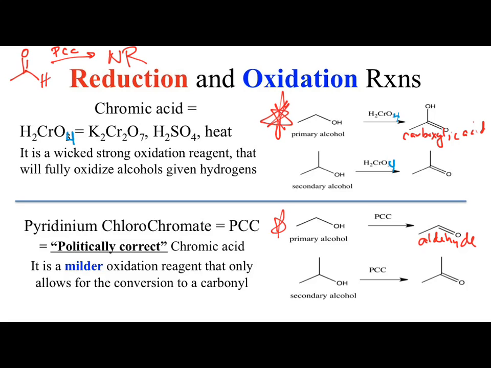Okay? So PCC will only react with our alcohols and only stop at the carbonyl. It won't push any further than that. If it's a terminal or a primary alcohol, that's when we'll get the aldehyde. Secondary, we'll get the ketone. Okay? Kind of makes sense with those?